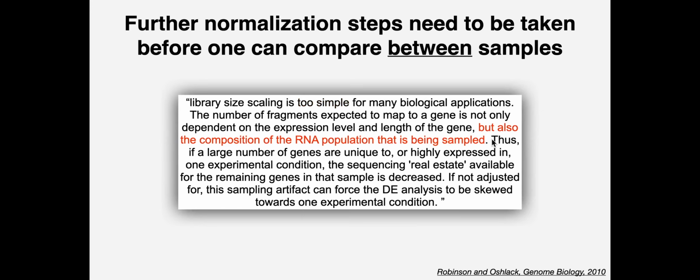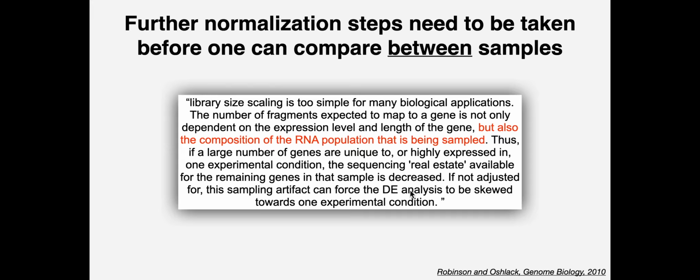And I'll show you why that is. Thus, if a large number of genes are unique to or highly expressed in one experimental condition, the sequencing, so-called real estate, available for the remaining genes in that sample is decreased. If not adjusted for, this sampling artifact can force the differential gene expression analysis to be skewed towards one experimental condition. This is really critical.